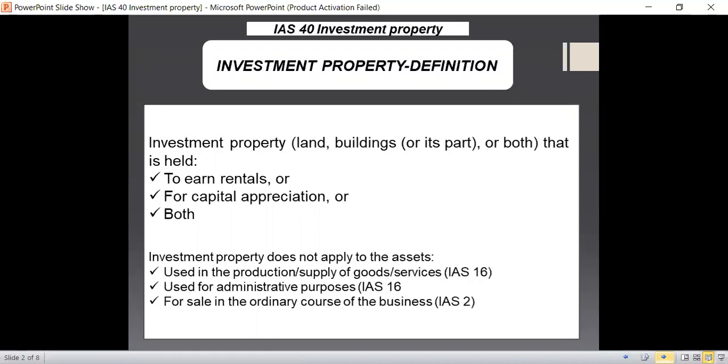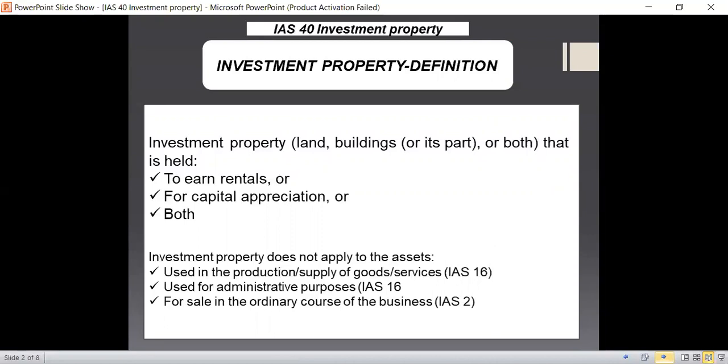Please also focus that IAS 40 does not apply to the assets which are used for the production or supply of goods or services. And it does not apply to the assets which are held for administrative purposes. Also, it does not apply to the assets which are held for sale in the ordinary course of the business. So you need to focus on the purpose of the assets to establish to which standard they belong.